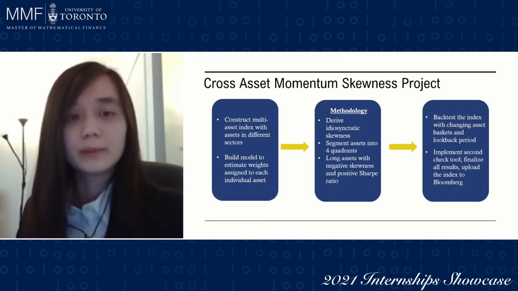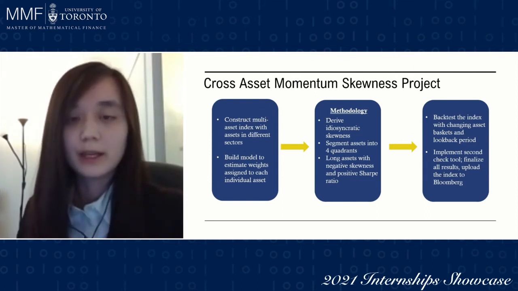So the first step is to construct a multi-asset index with assets in different sectors, such as equity and fixed income. And then we follow the methodology described in the middle of the slide here. The first is to calculate the idiosyncratic skewness, and the second is to segment assets into 4 quadrants based on their characteristics.